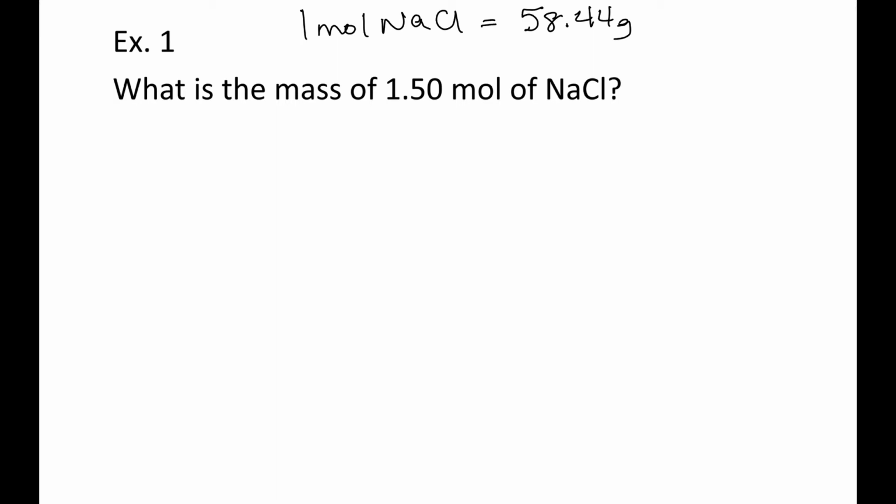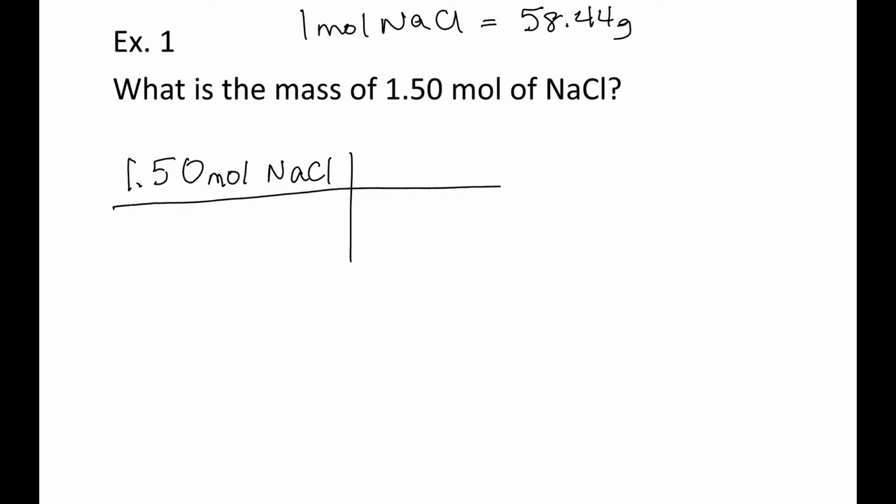Once again, we have to use picket fence. So we're going to start out with 1.5 moles of NaCl. Write our little picket fence. Now, we have moles on top, so we've got to have moles on bottom to get rid of moles.